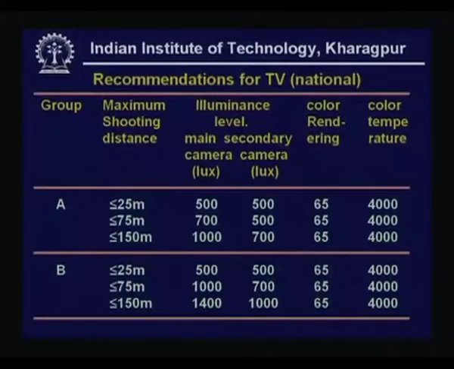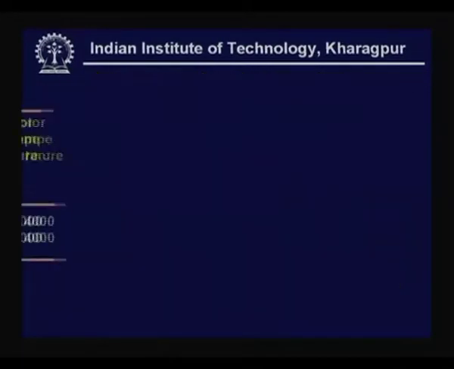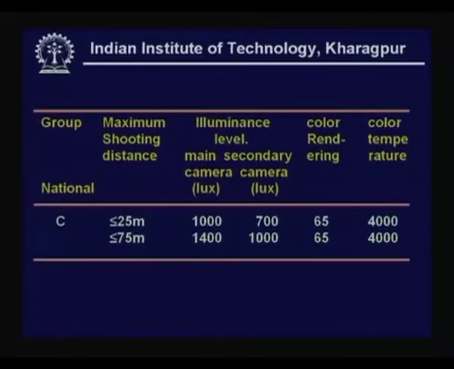As can be seen, the color rendering is uniformly around 65 with 4000 as the correlated color temperature. Coming to group C, with shooting distances maintained between 25 meters and 75 meters, the recommended levels are 1000 and 1400. So, as the speed of the game goes higher, the required levels are higher, as in the earlier case.